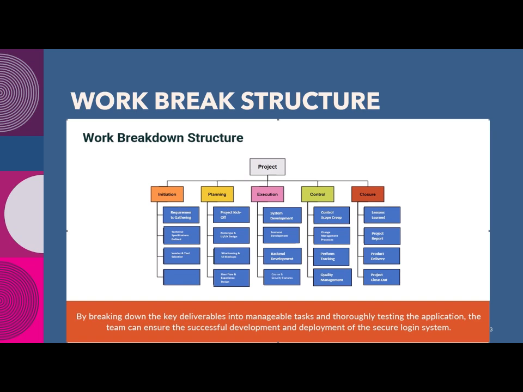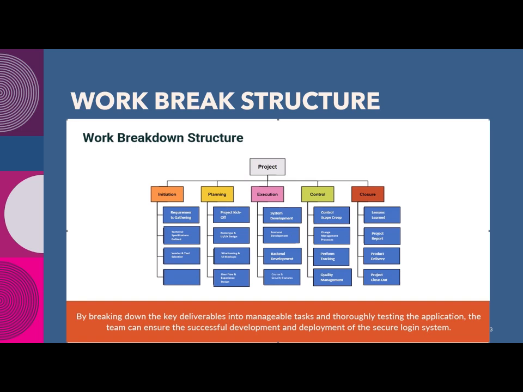And in slide 3, we have the work breakdown structure. The work breakdown structure, or WBS, is a tool used to divide a project into smaller, easier tasks. It covers the key stages of a project, like initiation, planning, execution, control, and closure.